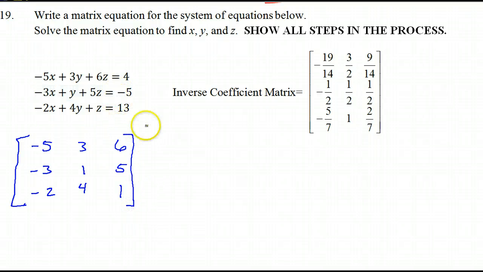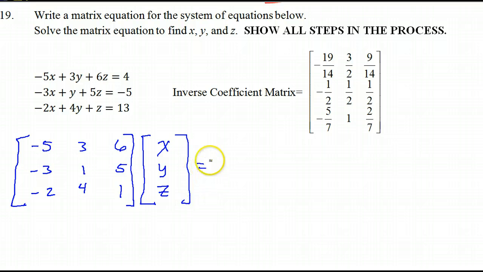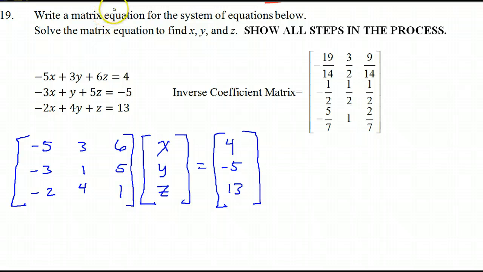Then comes the variable matrix, which is just X, Y, and Z. And that will equal the constant matrix, which is 4, negative 5, and 13. This is our matrix equation. We must label it. This is part of showing your work. This is matrix A, this is matrix X, and this is matrix B.